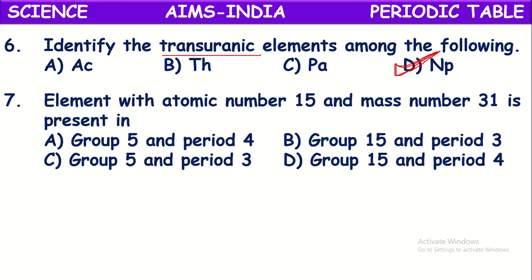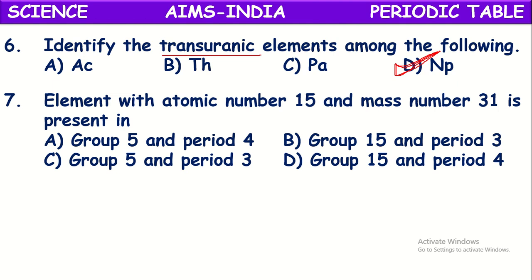Next one, the element with atomic number 15 and mass number 31 is present in. Here they are asking the location of an element in the modern periodic table by giving its atomic number and mass number. We can say the position of any element by knowing its electronic configuration.